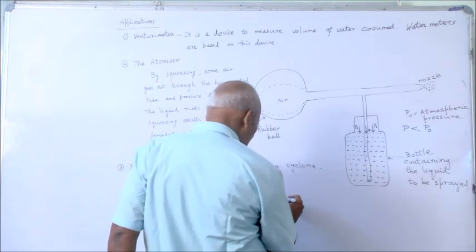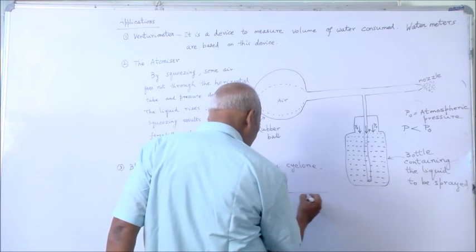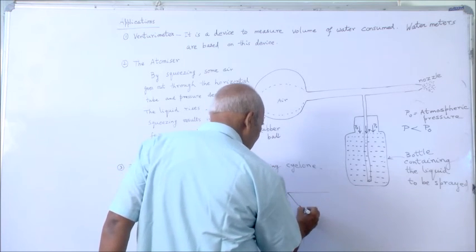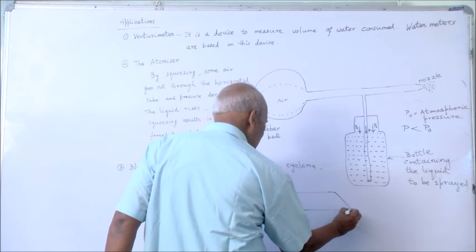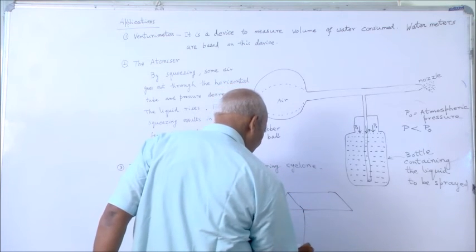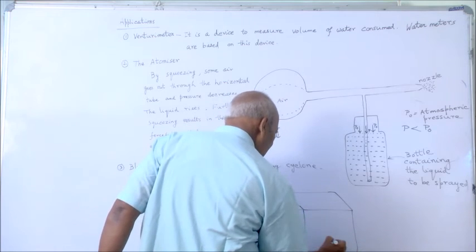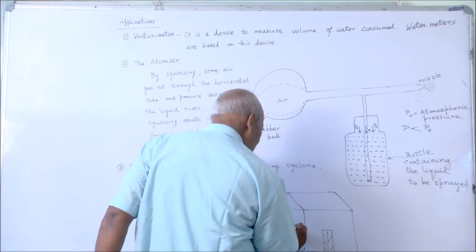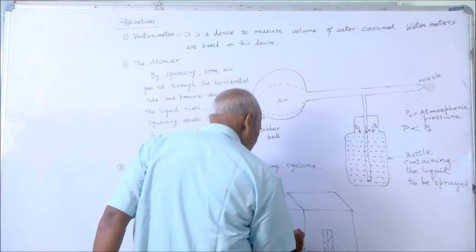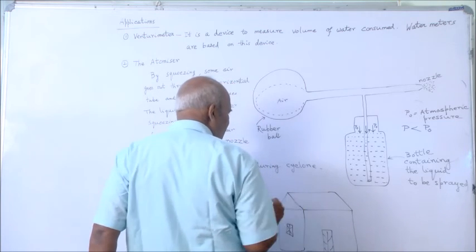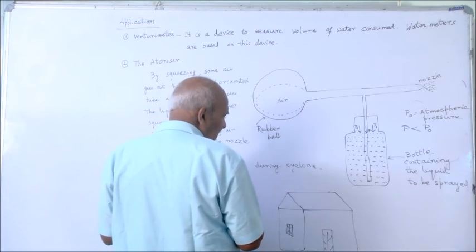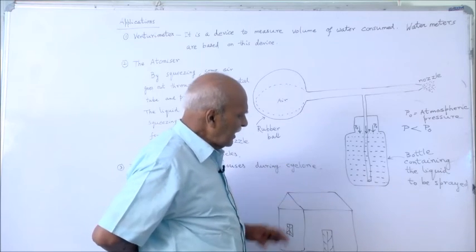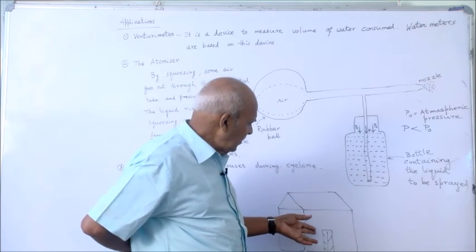You see, suppose we think of a house, not concrete roof house, but a tin roof or say asbestos roof, that type of thing. This is door and there is a window also, and common sense or what we do in general is, before cyclone comes, we close the doors and windows.